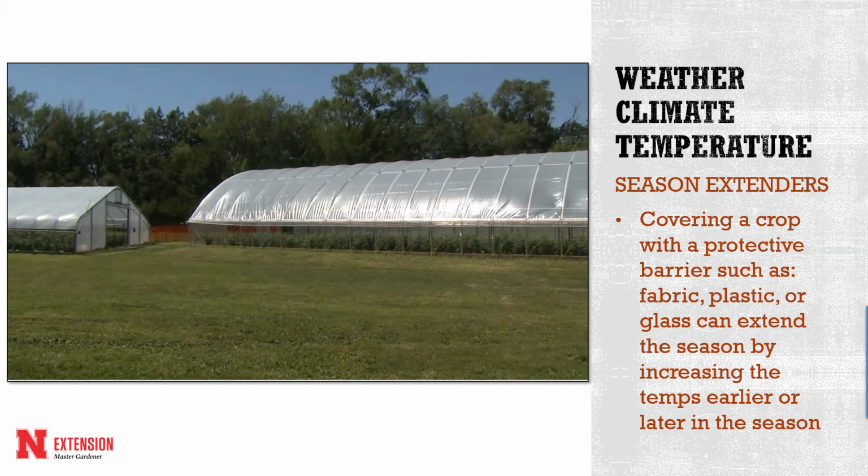There are high and low tunnels that are more sophisticated for extending your season. So low tunnels provide a way to keep plants from freezing during cold temperatures. A lot of people put low tunnels on their raised beds and extend their season into the fall or start their season a little bit earlier in the spring.